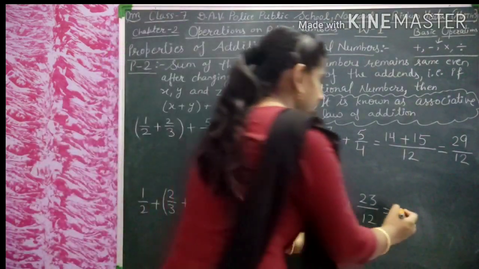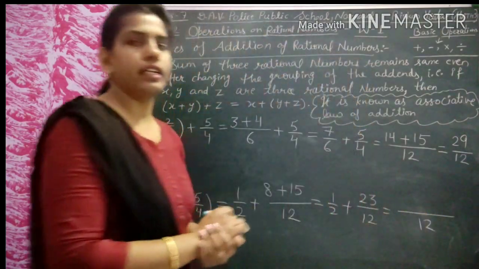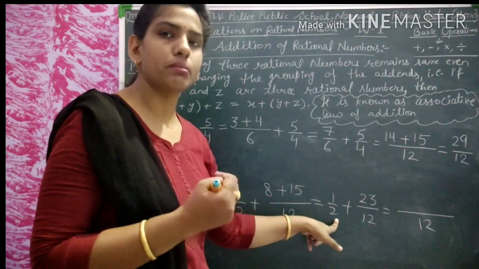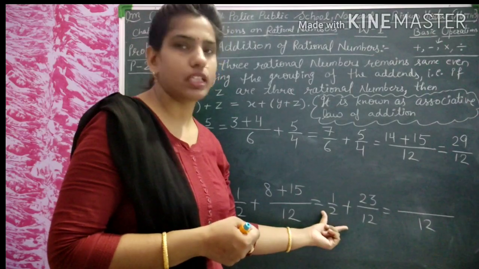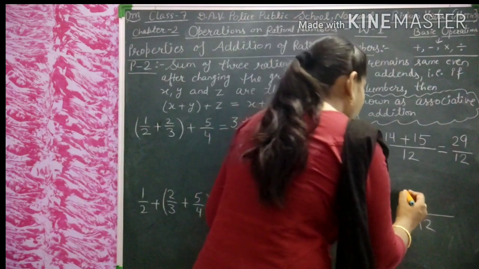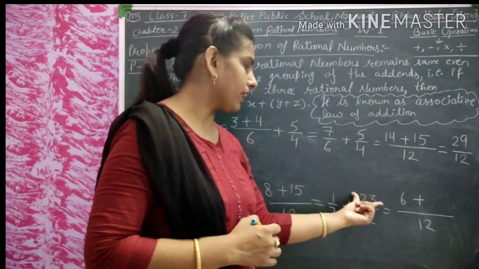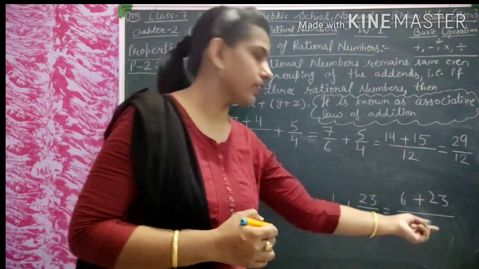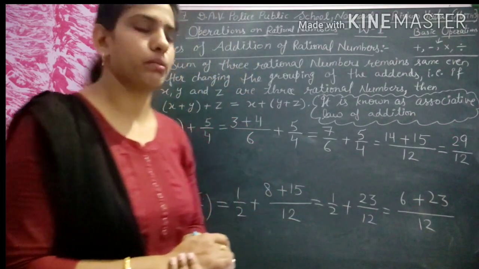Now we take the LCM first, which is 12. 2 times 6 is 12, so 1 is multiplied by 6 in the numerator, which gives 6, plus 23 by 12, multiplied by 1, which is the same number 23.